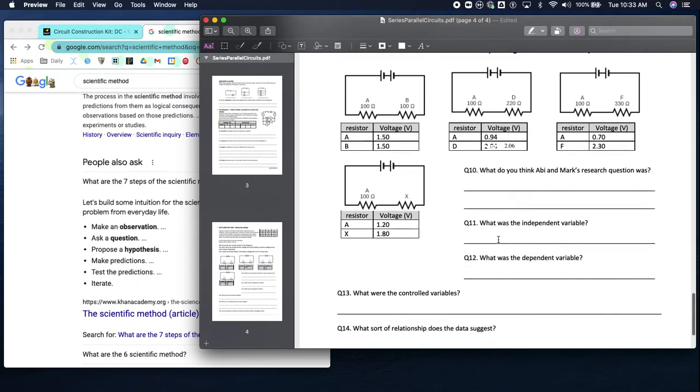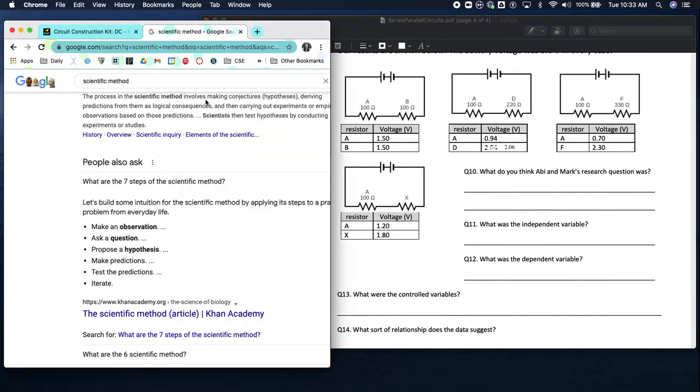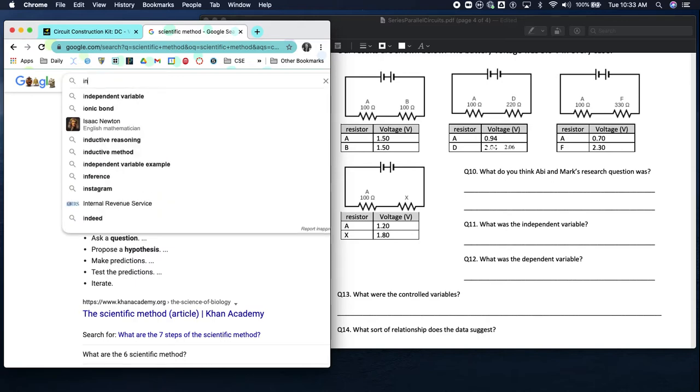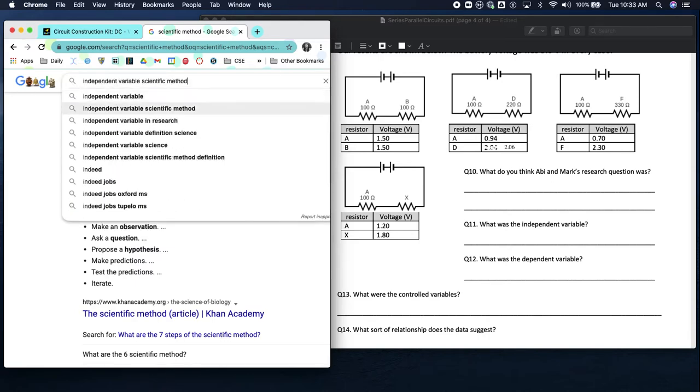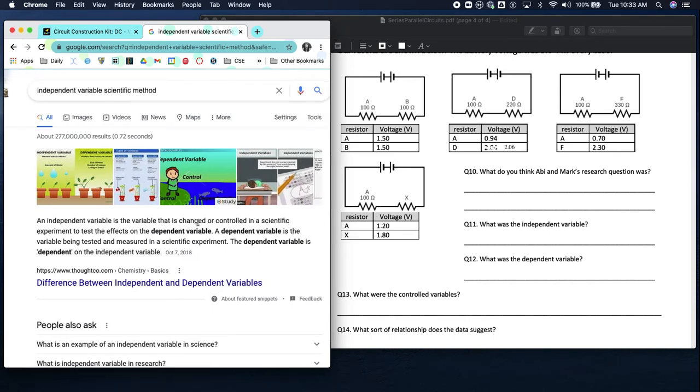Okay, what was the independent variable? What is an independent variable? An independent variable is a variable that is changed or controlled in a science experiment to test the effects on the dependent variable. So what is changed or controlled?